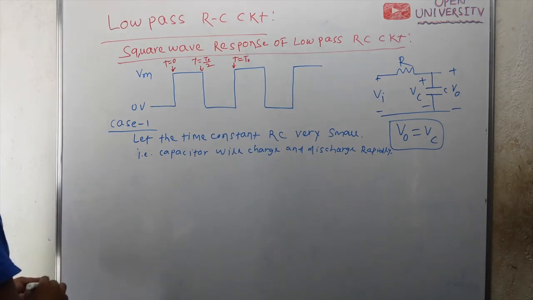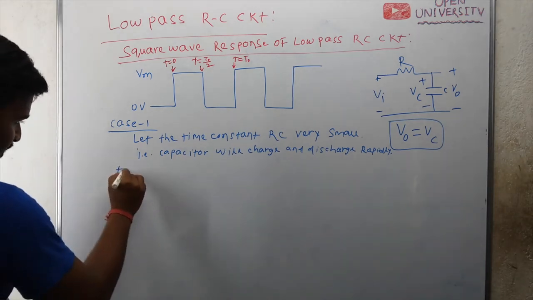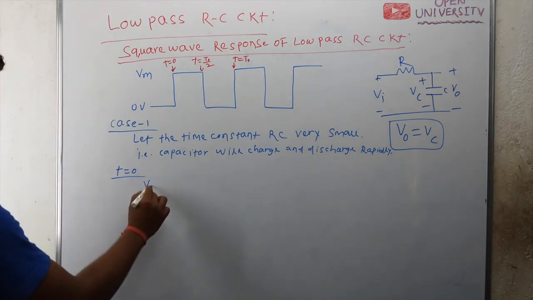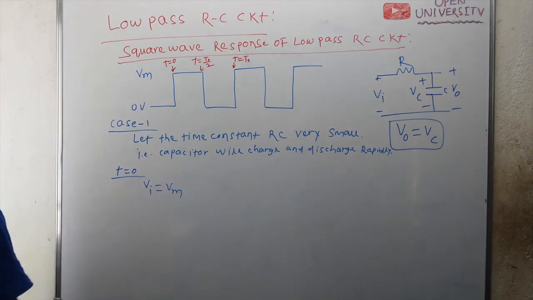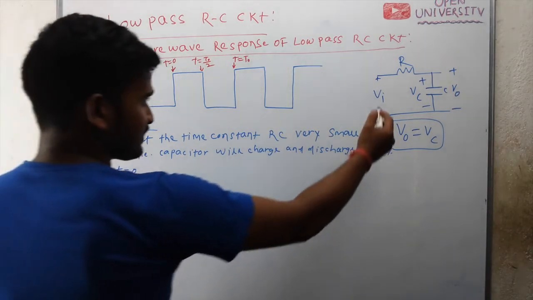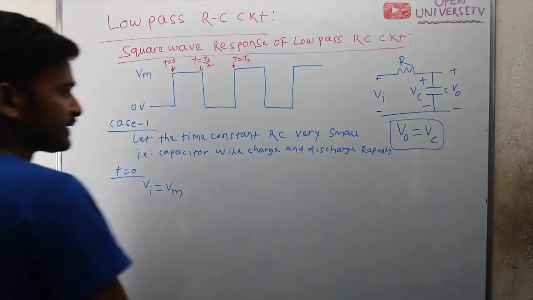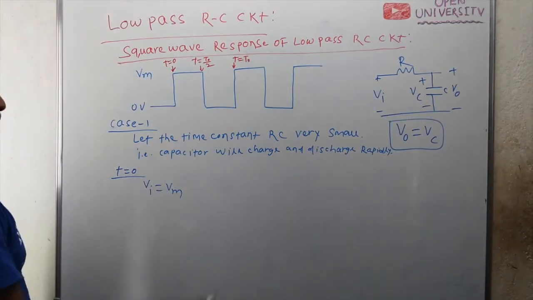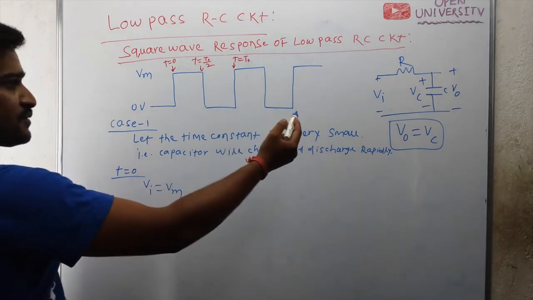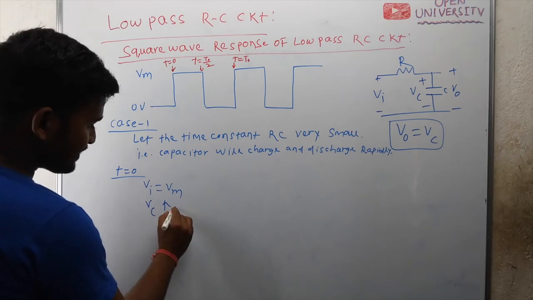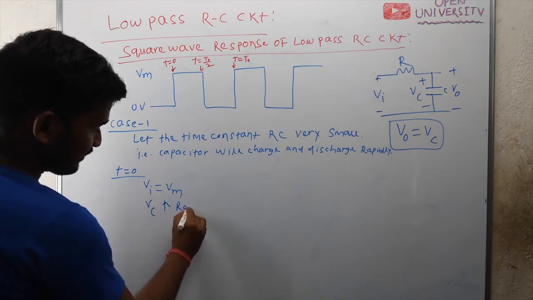Okay, understand what happens when t equal to 0. When t equal to 0, input voltage is Vm. So what happens? Capacitor will charge through the resistor very fast because time constant is very small. So capacitor voltage will increase rapidly.